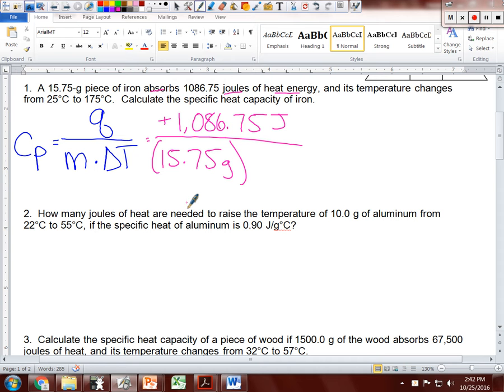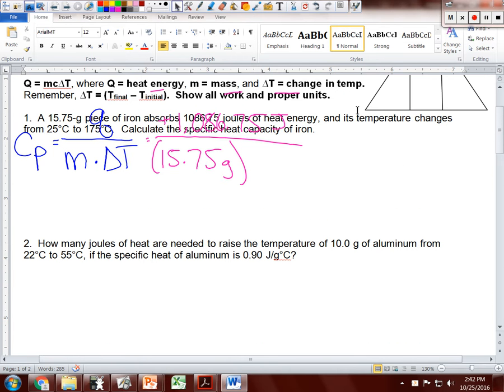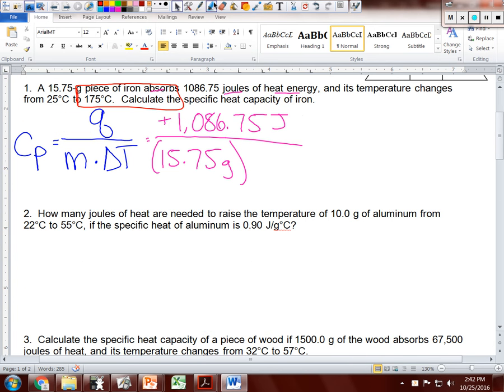Alright, so temperature, delta T. Right above this it says delta T is equal to final minus initial. So whenever we read the problem, it says that the temperature went from 25 to 175.